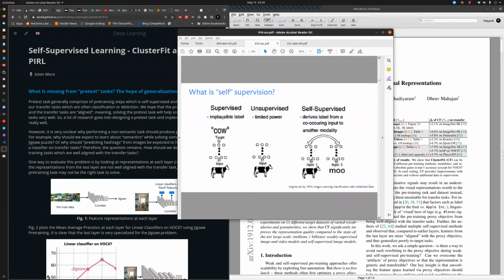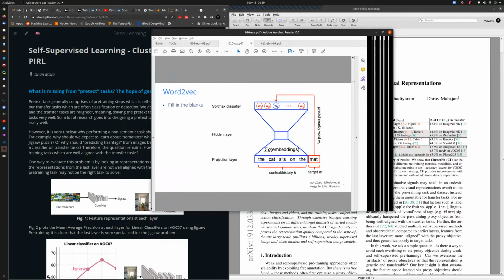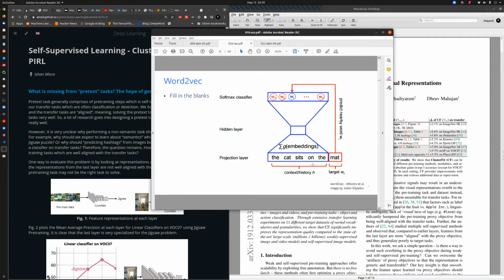Then supervised, unsupervised, and self-supervised with respect to some other co-occurring modality. Then this is an example of that being applied in word2vec, that is NLP.